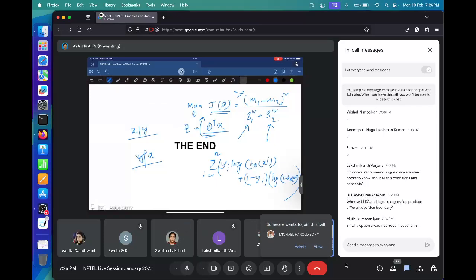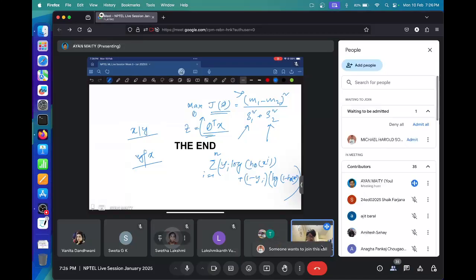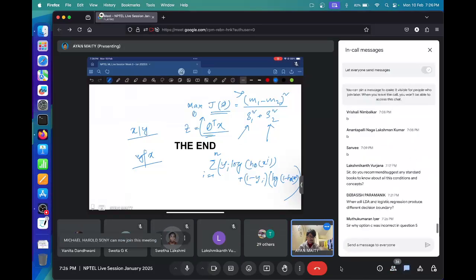Is likelihood a value or a distribution? Likelihood is just a value. Log likelihood is just a value. Likelihood itself is a probability. Is it a distribution or a single value? It is a single value over the set of points, i equals 1 to n. When you wrote Bayes theorem, you said that likelihood was a distribution.